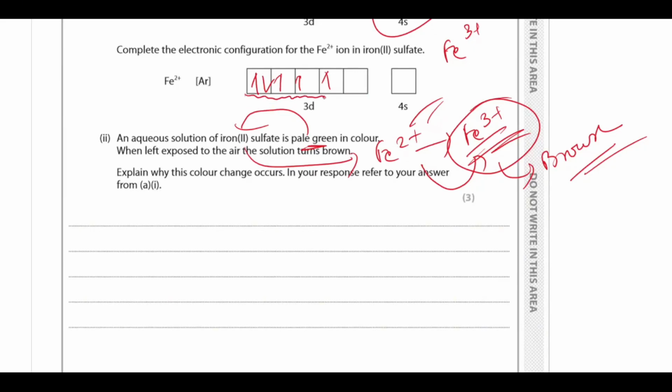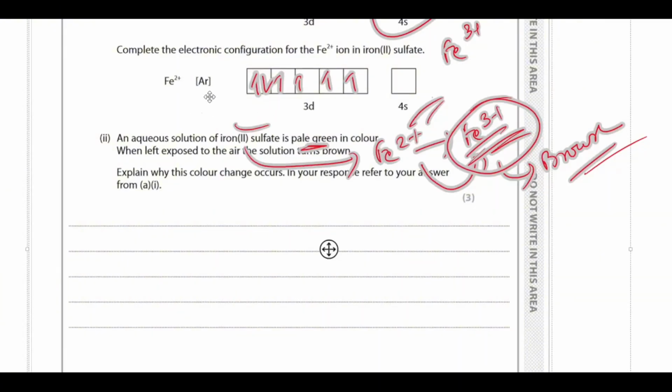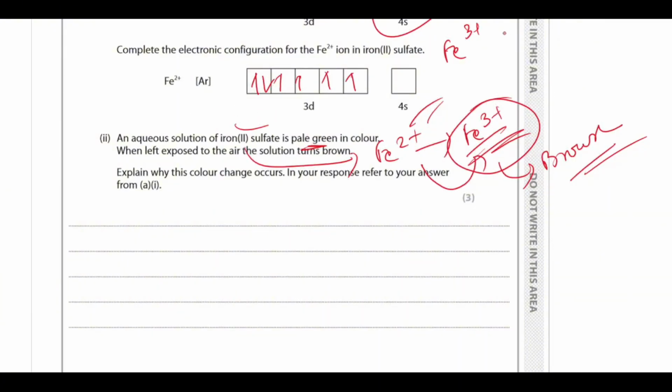In Fe3+, the electronic configuration is something like this. One of the electrons moves away from this orbital down here. So we can clearly see that the electronic configuration of Fe3+ is more half filled, meaning that it's more stable than its counterpart Fe2+. And anything that is more stable is going to stay there, and the reaction is going to be more favorable. That's why this color change is seen.